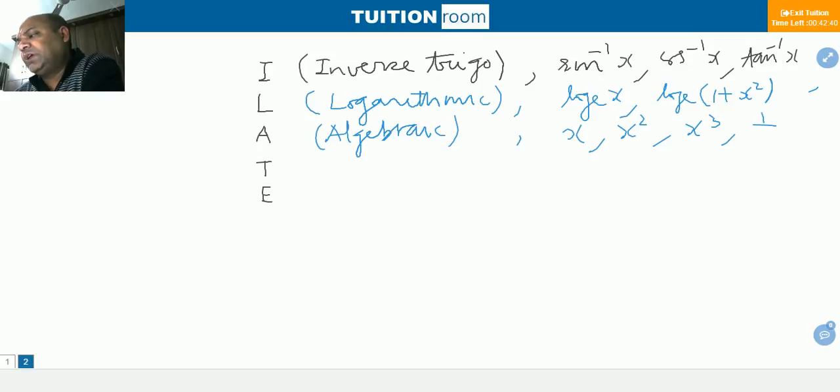As we move from top to bottom, the first one which we meet is supposed to be the first function.